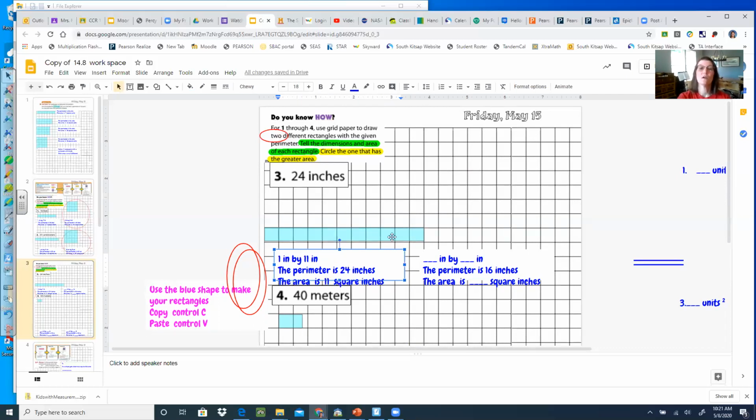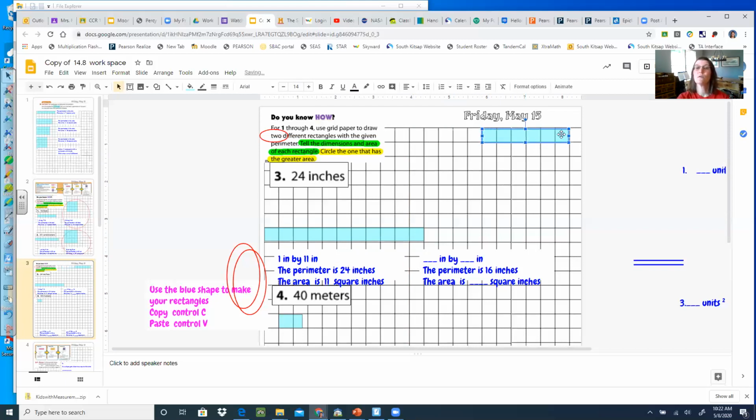Okay, now half of 24 was 12. Are there two numbers the same, so I can get that square concept going, that add to 12? Hopefully you just thought 6 plus 6. So let's make this 6.